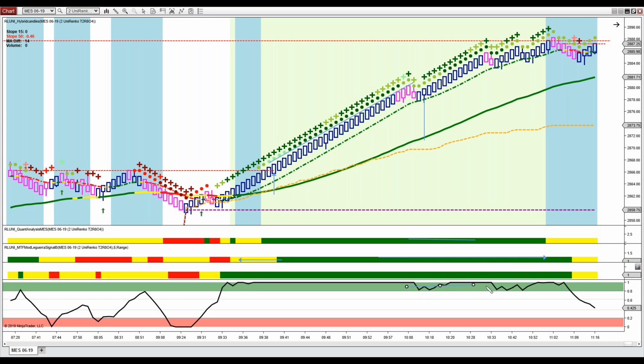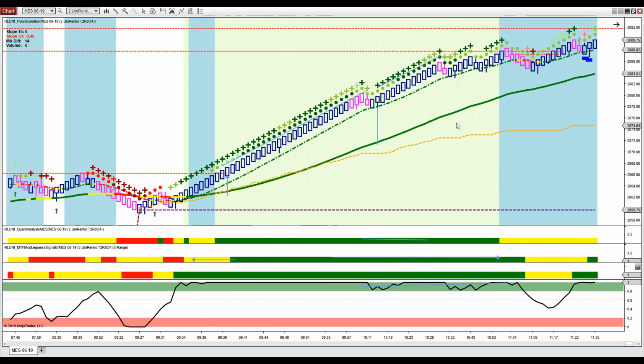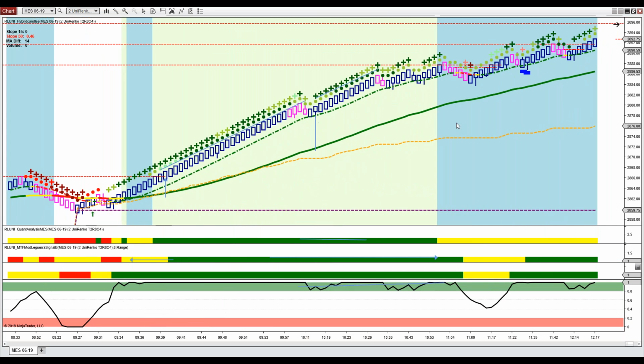Here's price on the trading chart. Momentum stays above the 80 line. Dual dots, again, part of our neural net, and up you go. I mean, that's a lot of loot on the E-mini.